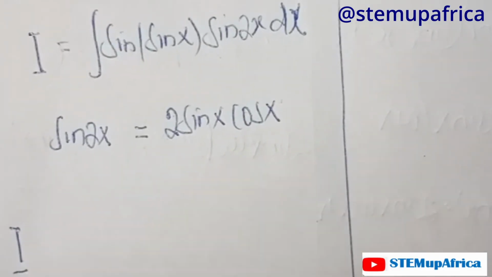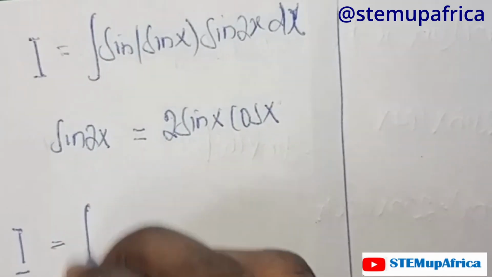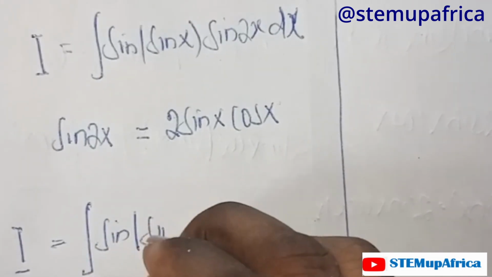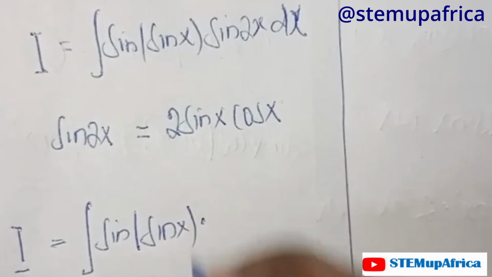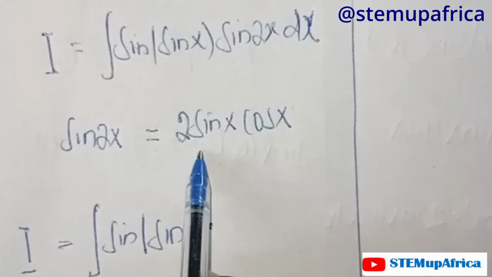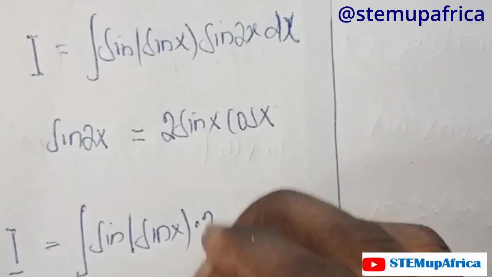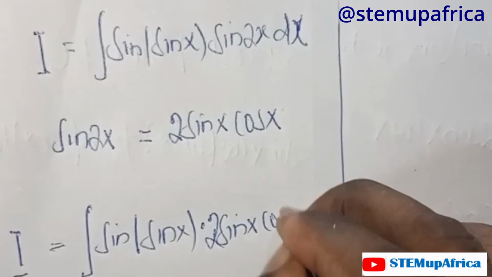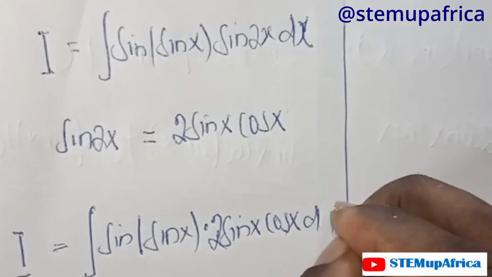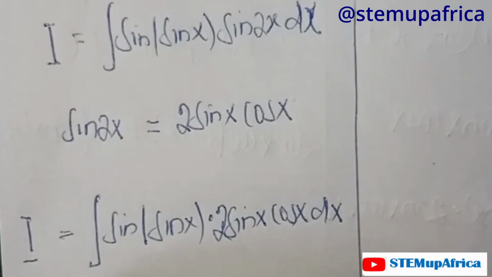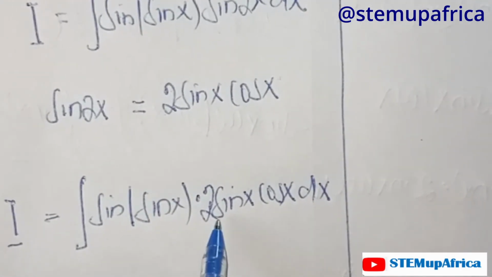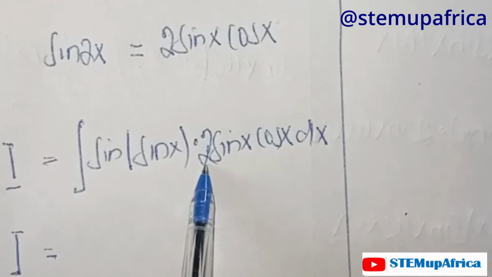We have the integral of sin x times my sin 2x, which now becomes 2 sin x cos x dx. So I'm having the integral. I will factor out what is common, which is the constant. The 2 is a constant. Let's bring it out.